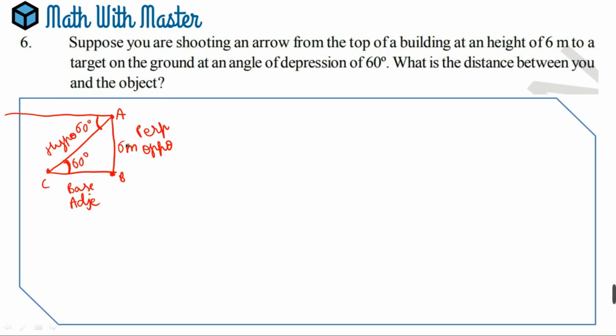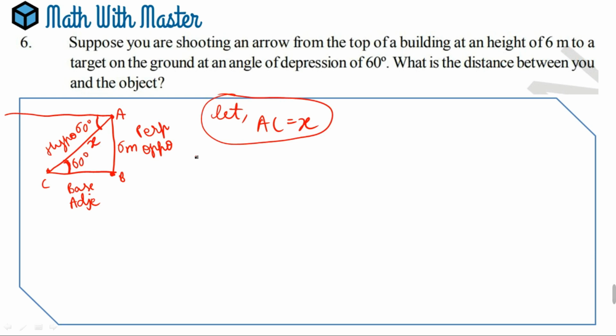So now, what we have to find is the distance between us and the object. So we will let AC, what we have to find, be equal to x. So AC here is x. We have to find x, and we have the value 6 meters.